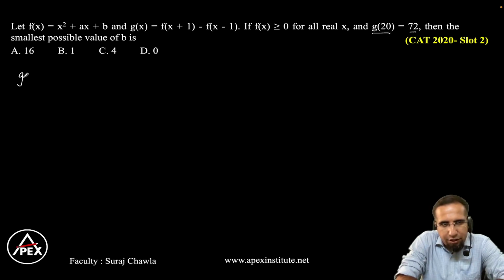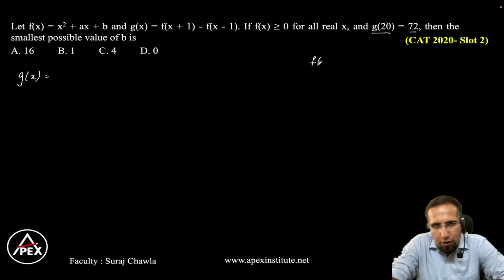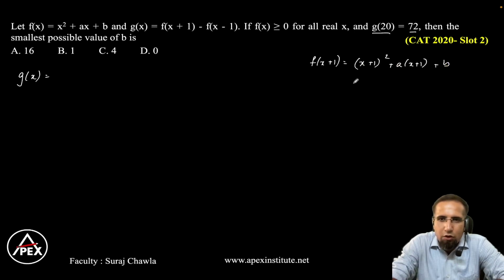Let me first calculate g of x as, instead of x, I will replace x plus 1. So what is f of x plus 1? I repeat. So f of x plus 1 will become x plus 1 whole square plus a into x plus 1 plus b, which is going to be x square plus 2x plus 1 plus ax plus a plus b.